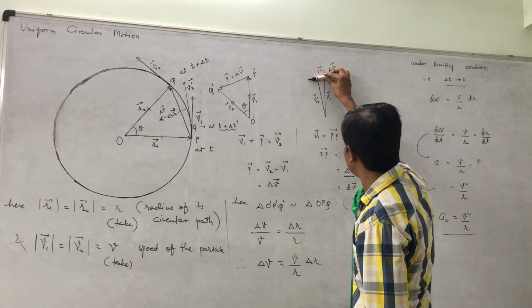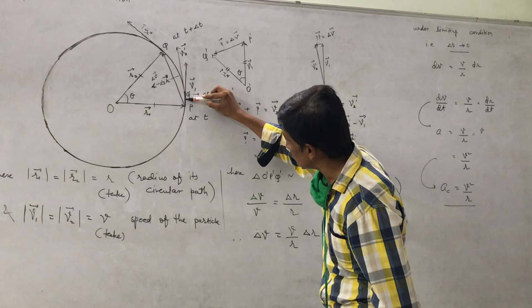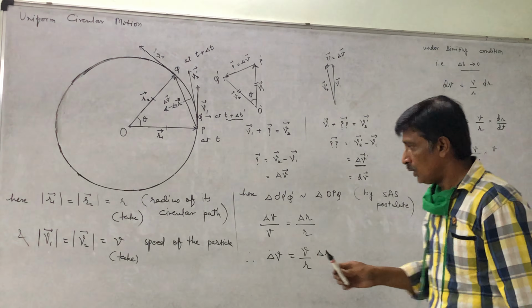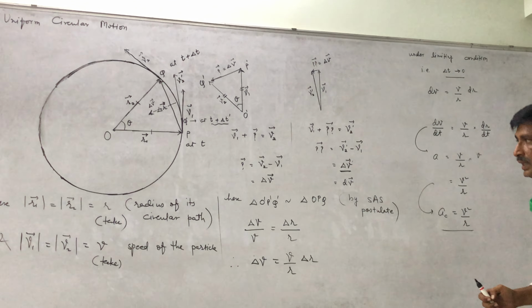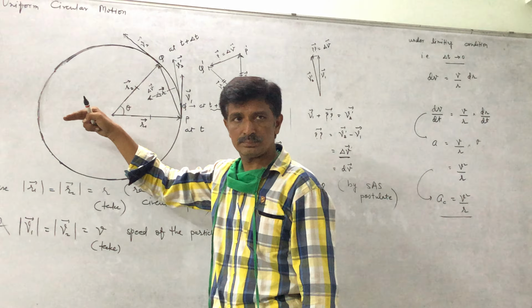If we put this vector at the midpoint, the arc midpoint, it also suggests towards the center. So geometry also suggests the instantaneous acceleration is also towards the center. So the force must be in the direction of the center at every instant of time.